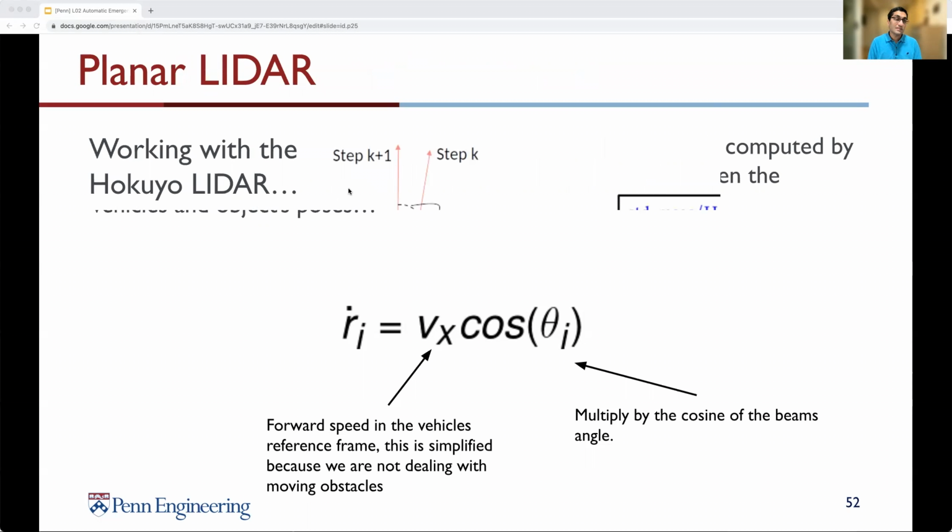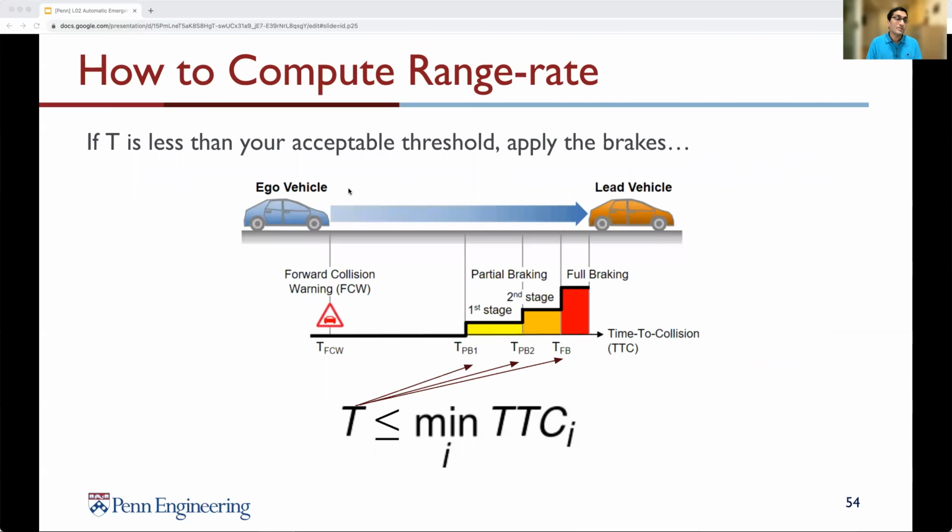So now with this planar LIDAR, given that we have a ROS interface and we are able to capture both its field of view and the distance estimates using our planar LIDAR, we can now compute this TTC by having an acceptable threshold for when we should apply the brakes, right?